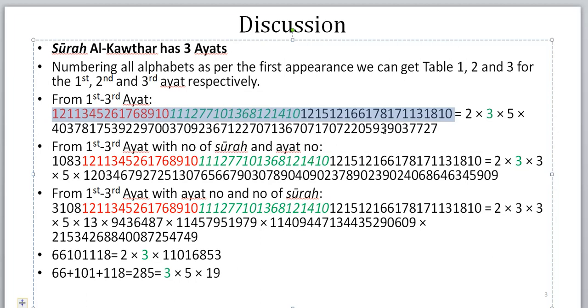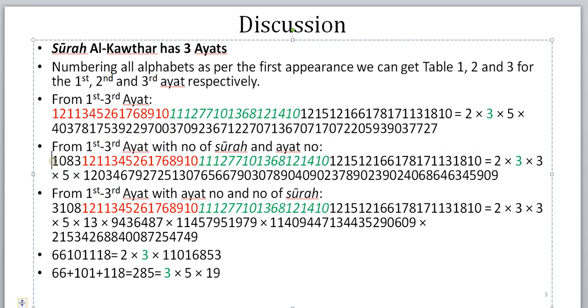We get this big number, and we see that it is the product of the prime numbers 2, 3, 5, and this big prime number. Then we place the number of surah and number of ayat: Surah Al-Kawthar is surah 108, and its ayat is 3.